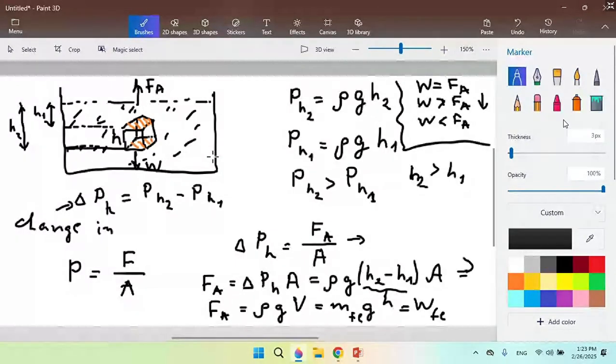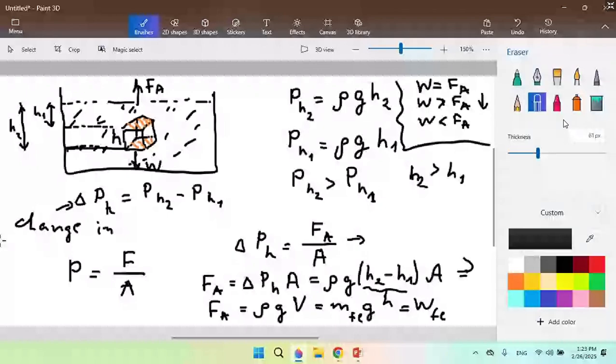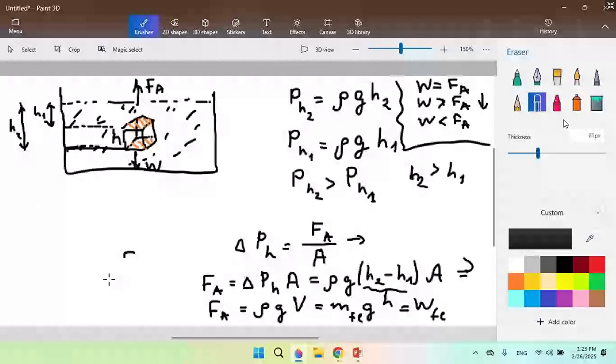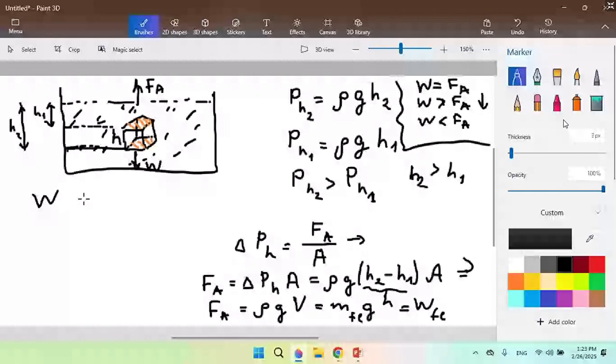And what determines the magnitude of those two forces? So let me clear some part and write here. We've got the weight of the object versus Archimedes force.